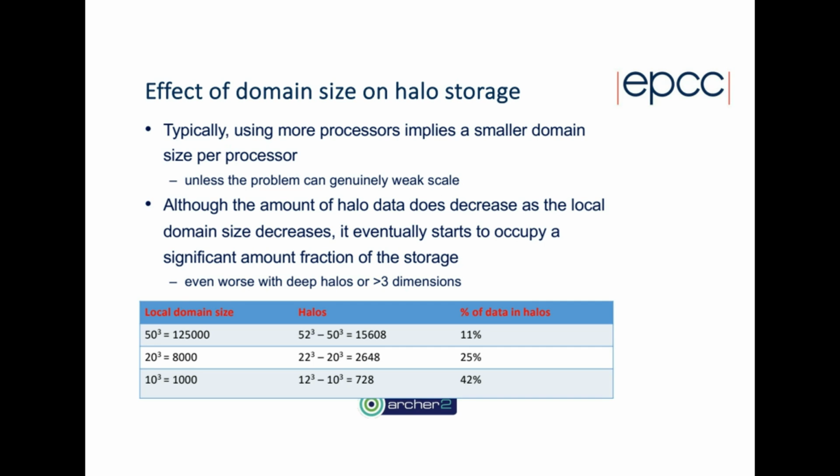So just to put some numbers on that, suppose we have a problem where the local domain size per process is 50 cubed. In order to store the halos, we actually need a domain of size 52 cubed.